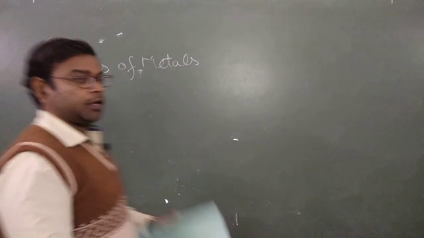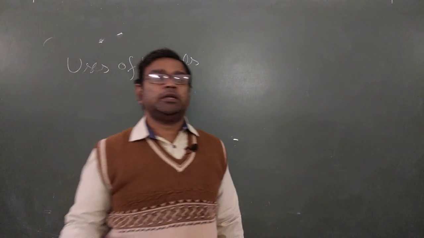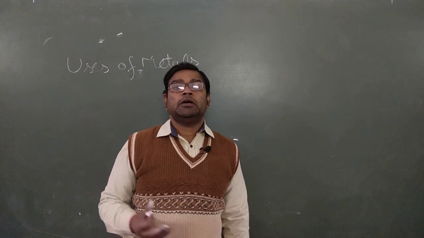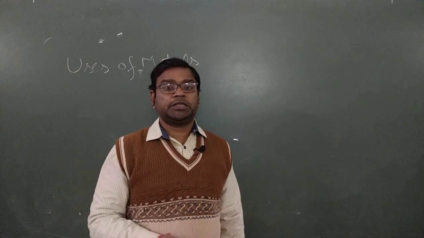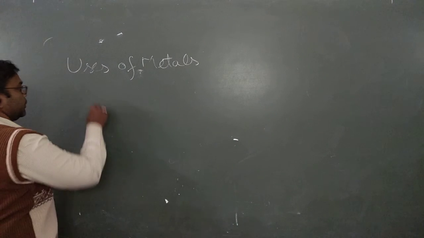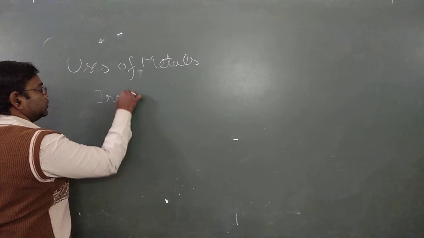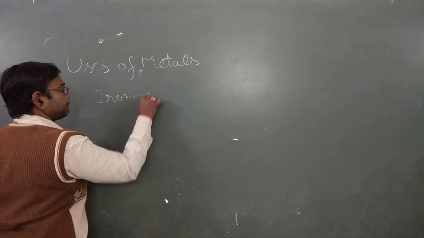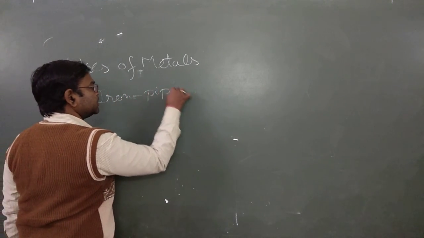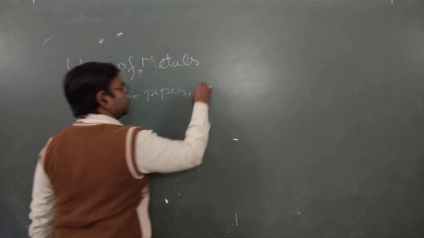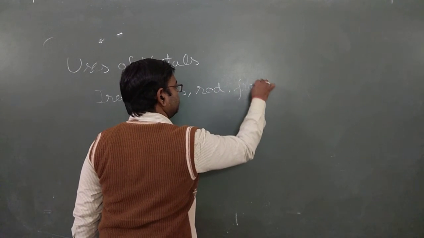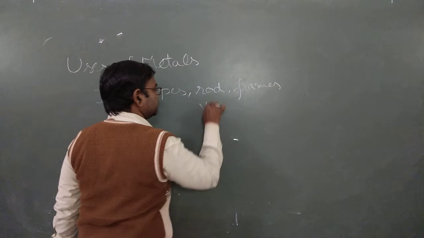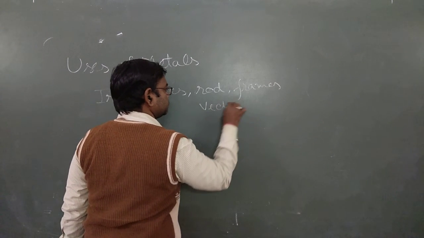First one is iron. As we know, iron is used in the form of pipes and rods, so that we can frame some structures, some building structures. So iron is used for making pipes, rods, frames, vehicles. Many things we can make.